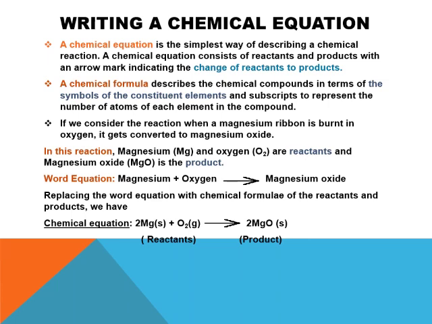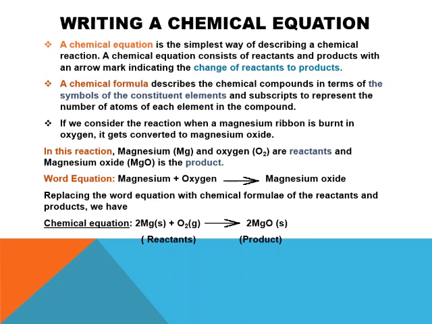It consists of reactants and products with an arrowhead in between which indicates the change of the reactants to the products. Now, a chemical formula, which you all know, describes the chemical compounds in terms of the symbols of its constituent elements, with subscripts.